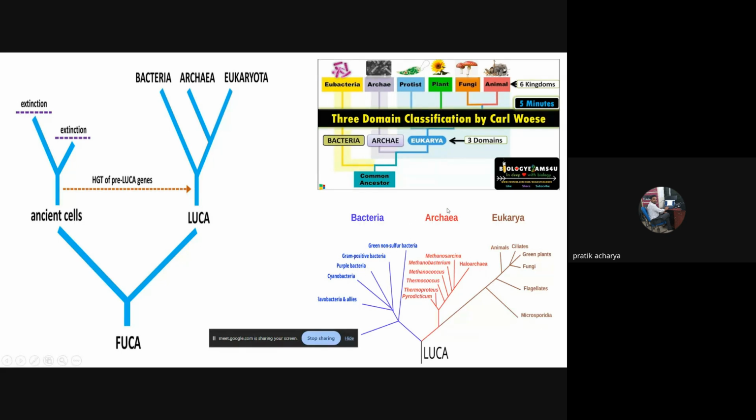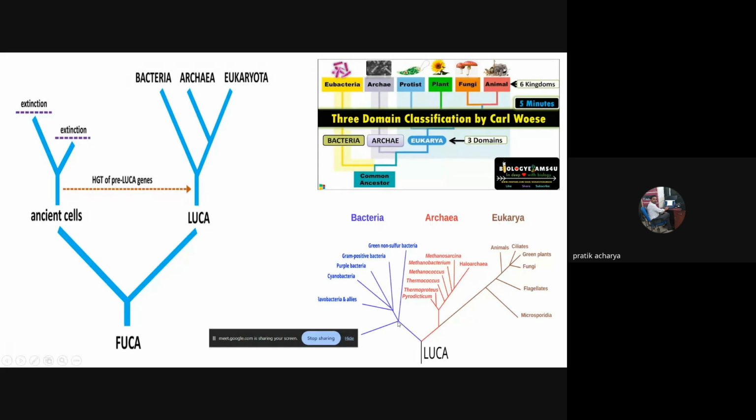If we are talking about archaea, then Methanosarcina, Methanobacterium, Methanococcus, Thermococcus, Thermoproteus, Pyrodictium, all these formed from the common ancestor. That is the evidence of life.